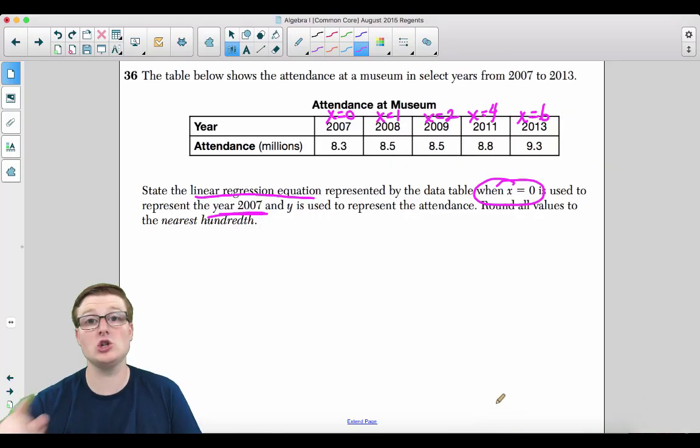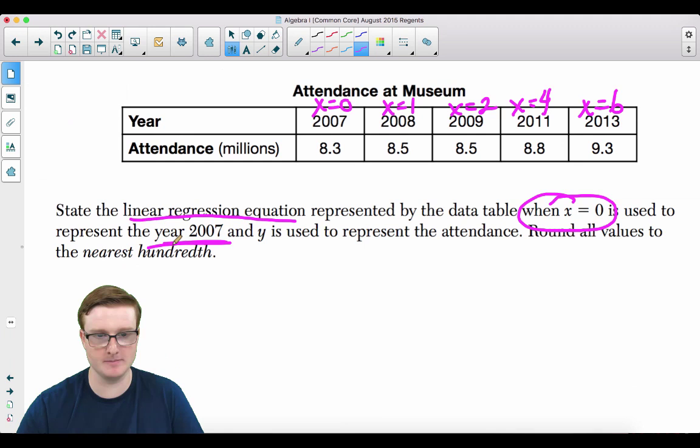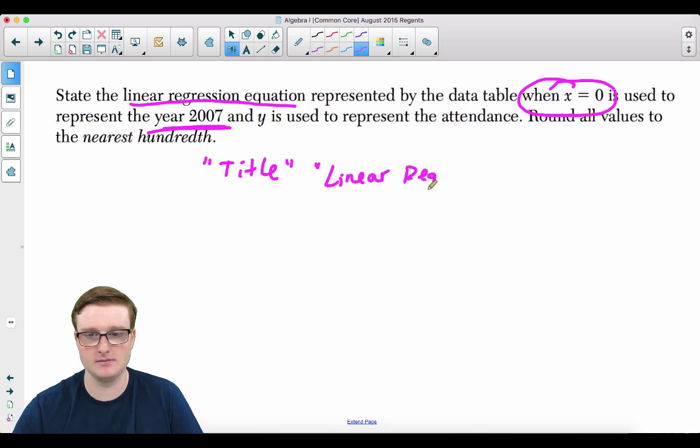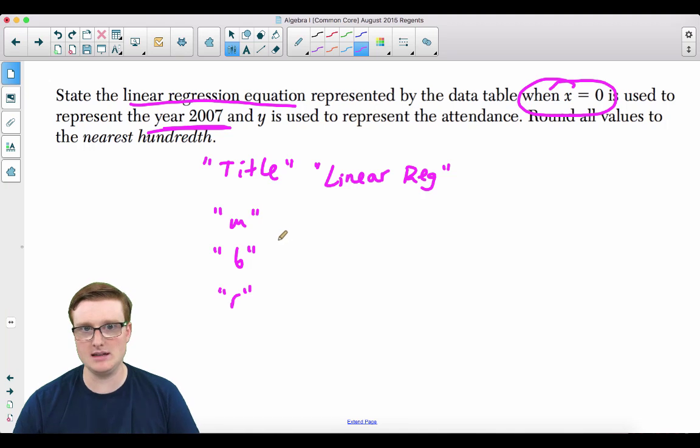So your job on the Regents is to actually copy that table down onto your paper. So I'm going to put it right over here. I'm going to put the title, linear regression. Then you just need m, you need b, and you need r. You don't need all that other stuff. But you want to write the title linear regression just to show, hey, I'm using a line here.